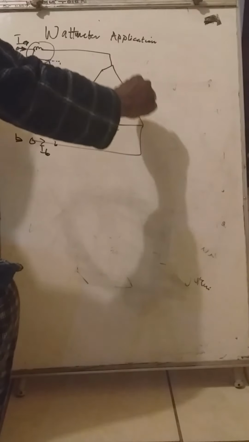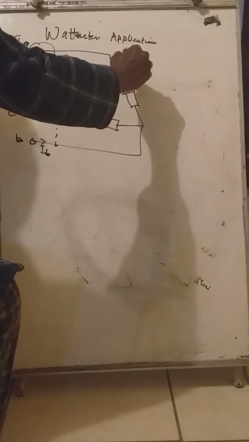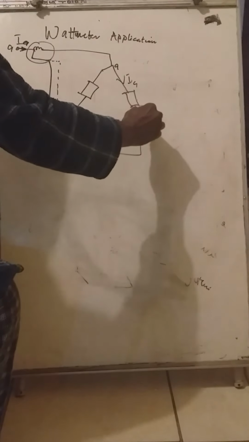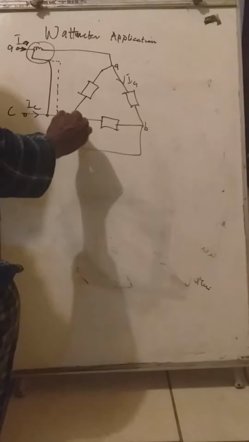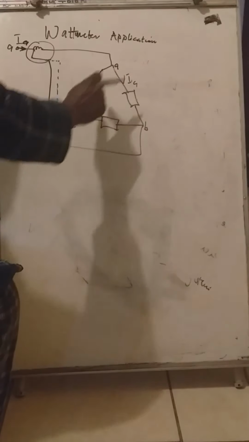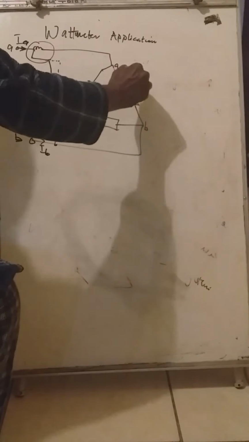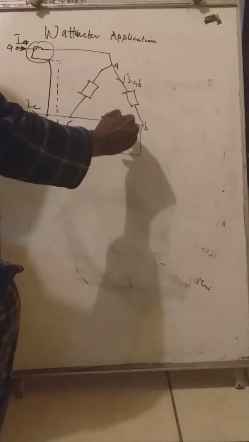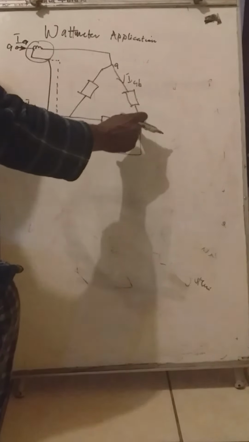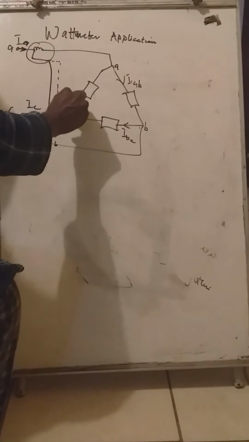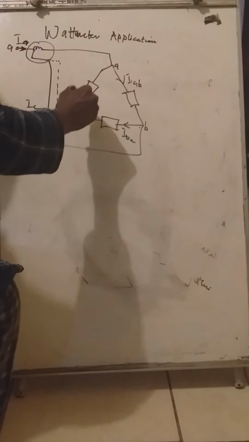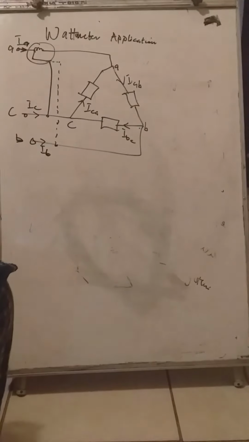So this is phase AB, while this is A, this is B, and this is C. These nodes are A node, B node, and C node. So the current IAB is flowing from A to B, and current IBC is flowing from B to C, and this one is reversing, flowing back from C to A. That is current ICA.